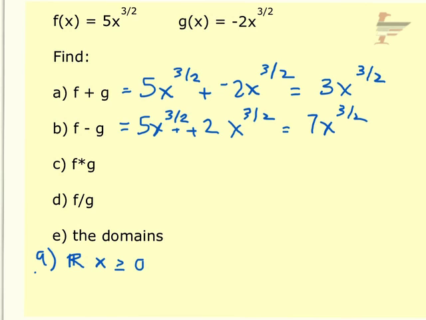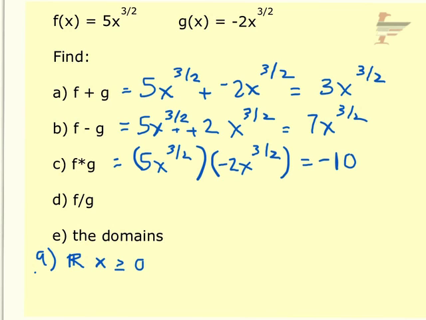Part C, I'm going to multiply those together, so 5x to the 3 halves times negative 2x to the 3 halves. So 5 times negative 2 is negative 10. X times x means I'm going to add those exponents, so 3 halves plus 3 halves is 6 halves, excuse me, which is 3.